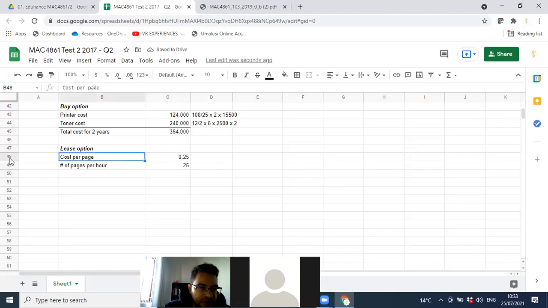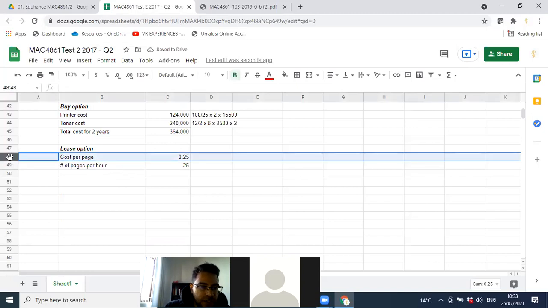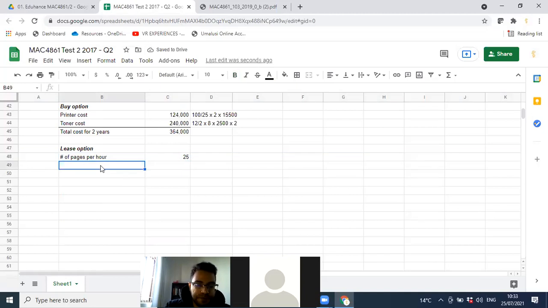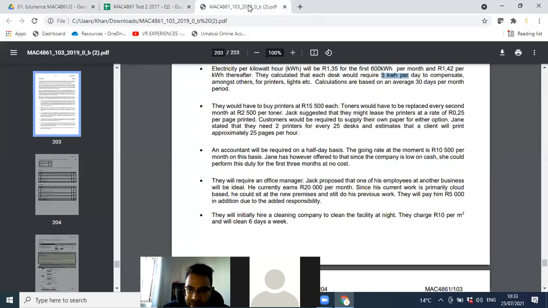I'm going to remove this for now. I'll tell you why, and I'll make it more detailed. So number of pages per hour per client. Let me just check: she estimates that a client will print 25 pages per hour.